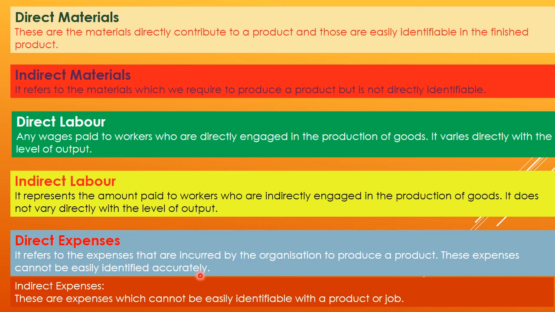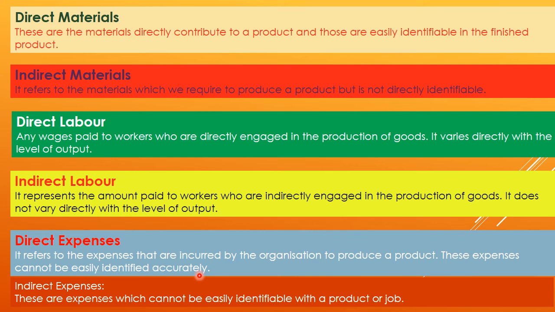For example, to bring the raw material from the site to the factory, it's a direct expense. That's a must, but that transportation cost we cannot identify from that product. It is not easily identifiable, but it is a must. That type of expenses are the direct expenses.